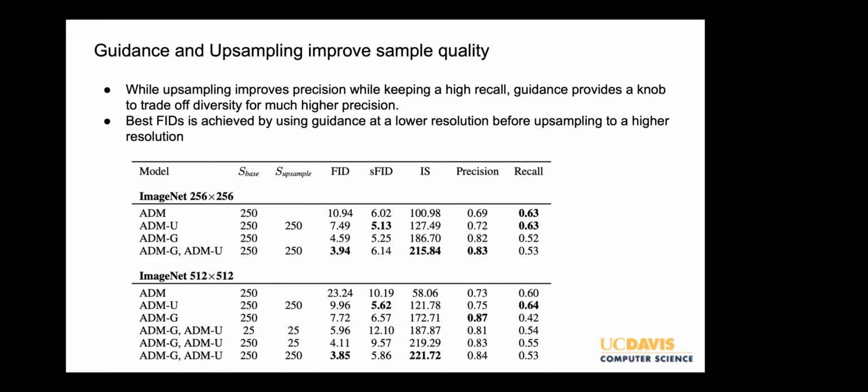While upsampling improves the precision while keeping a higher recall, guidance provides a knob to trade off diversity for much higher precision. So the authors achieve the best FID by using guidance at a lower resolution before upsampling to a higher resolution. They got FID values of 3.94 and 3.85 on ImageNet 256 and 512 respectively, leading to more photorealistic samples for some of the classes seen right here.